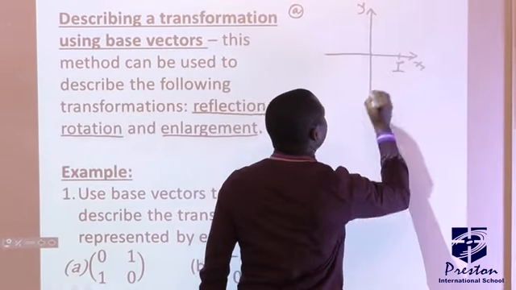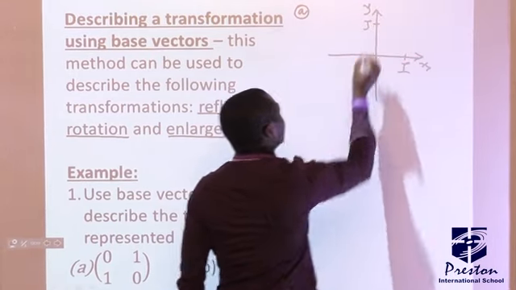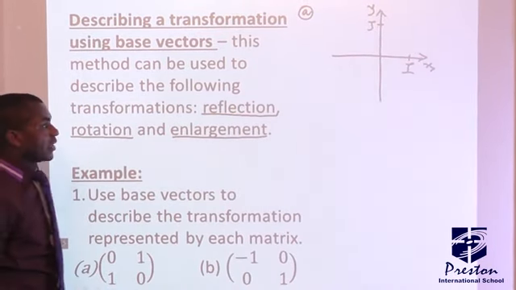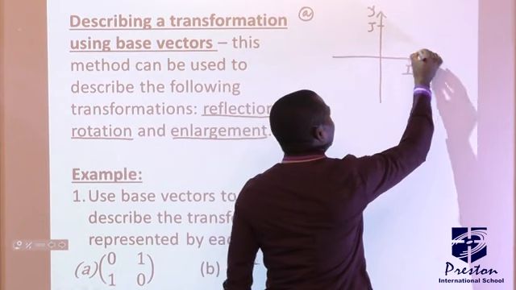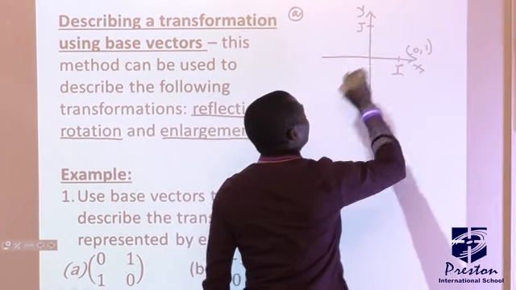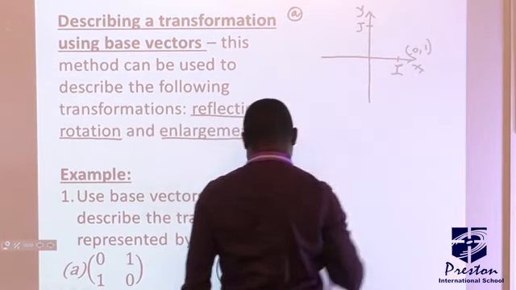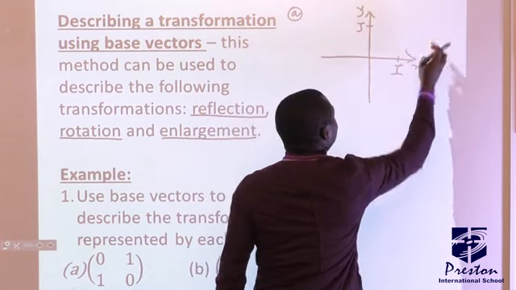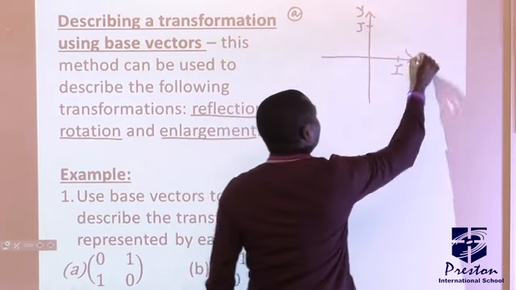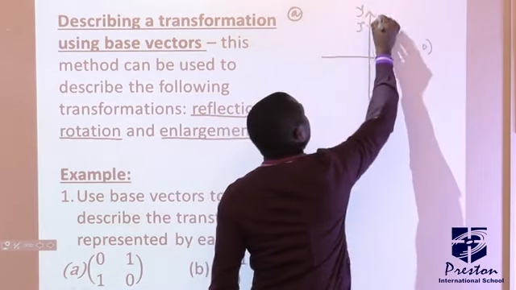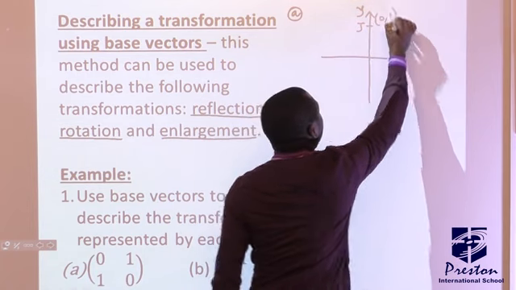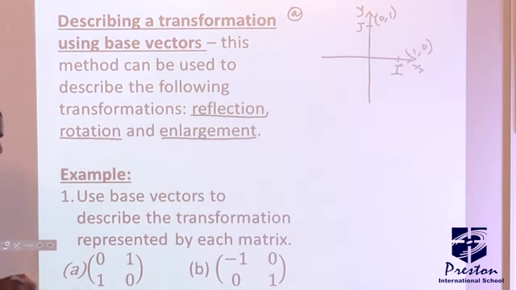Let's call this I, and this is J. This point is (1, 0), and this point is (0, 1), using base vectors. Now, we are going to draw the image of this.